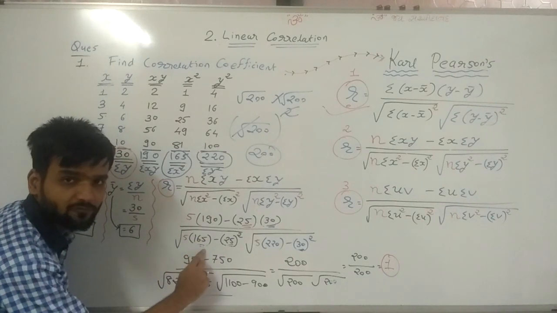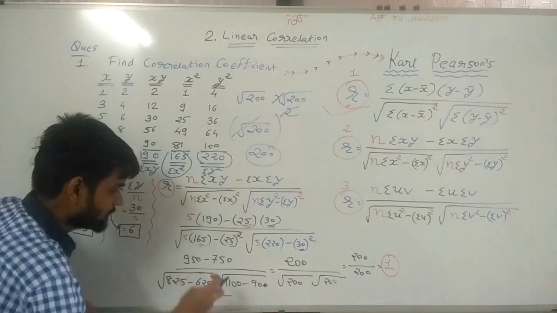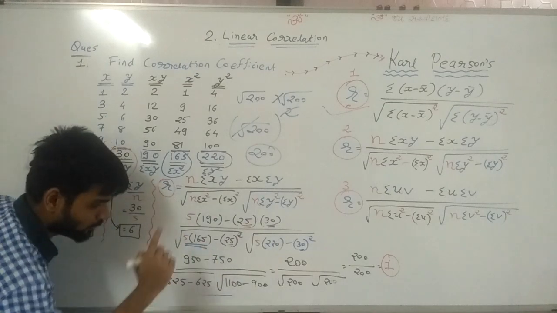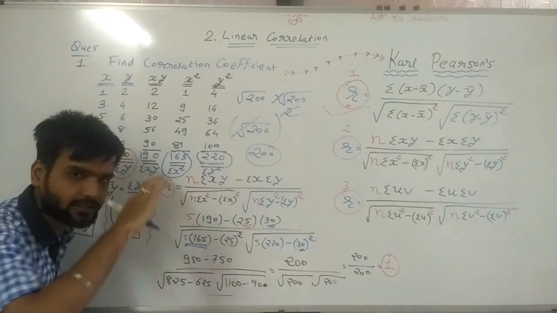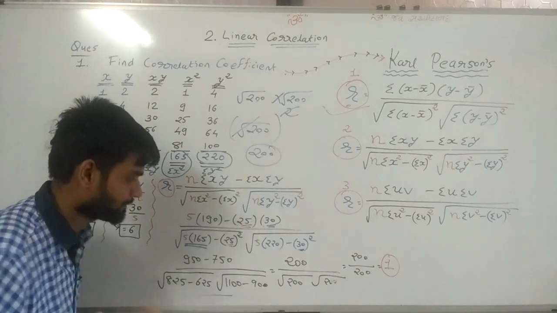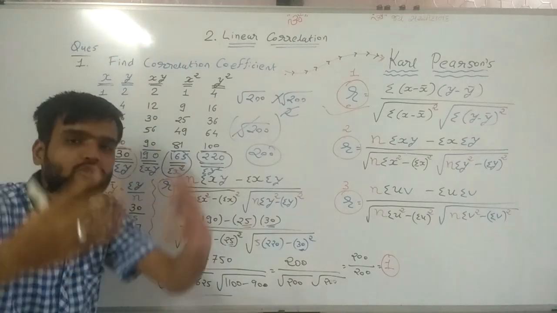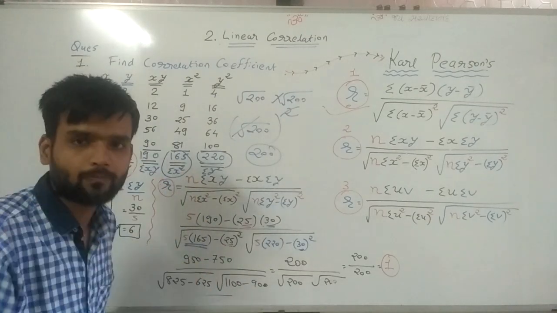First multiply 5 into 165, answer is 825. Minus sign as it is, no change. 25 whole square means 25 into 25.